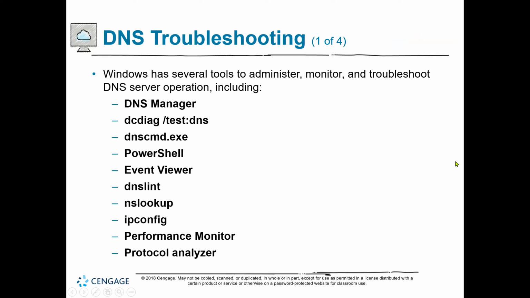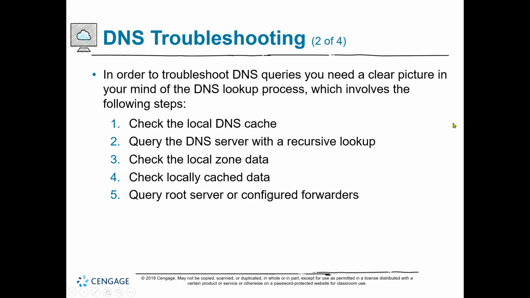DNS troubleshooting. Windows has several tools to administer, monitor, and troubleshoot DNS server operations, including DNS Manager, DCDiag /test:DNS, dnscmd.exe, PowerShell, Event Viewer, NSLookup, which I can guarantee that we've gone over before and will come up over and over again, ipconfig, which you should know by now, Performance Monitor, and a protocol analyzer.